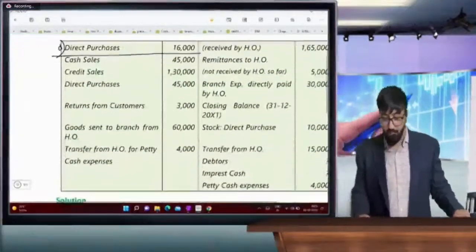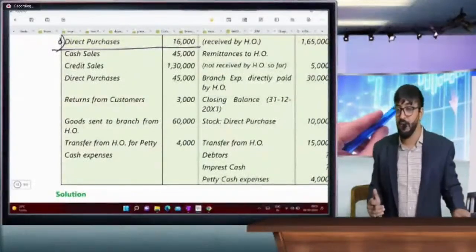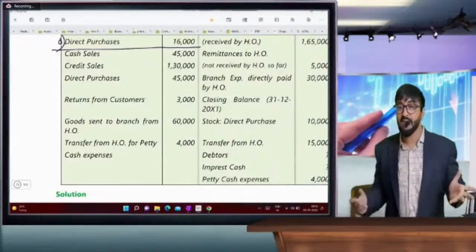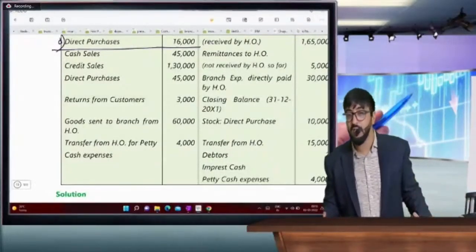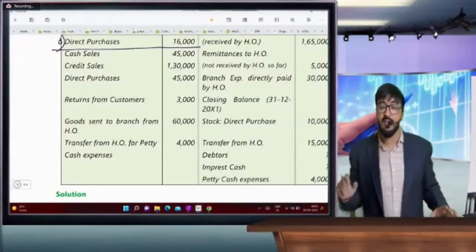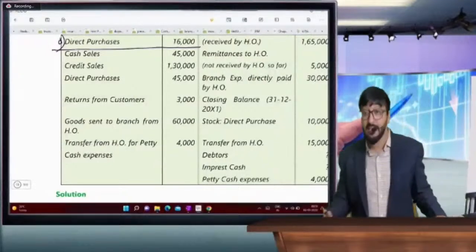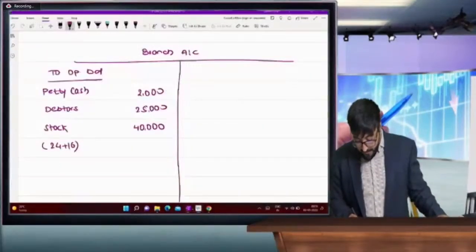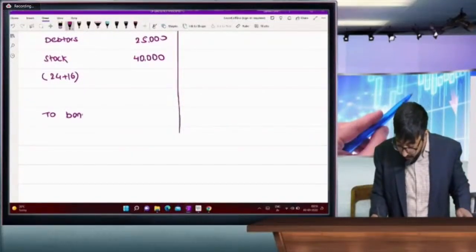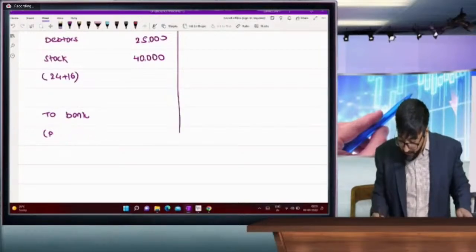Step 2. Now from the given information, think from the HO point of view. Cash sales, who will do? Branch. So branch, no entry. Credit sales, debtors method, no entry because sales made by branch. Direct purchase, yes. Why? Direct purchases, payment made by HO. So to bank, purchases, payment made.